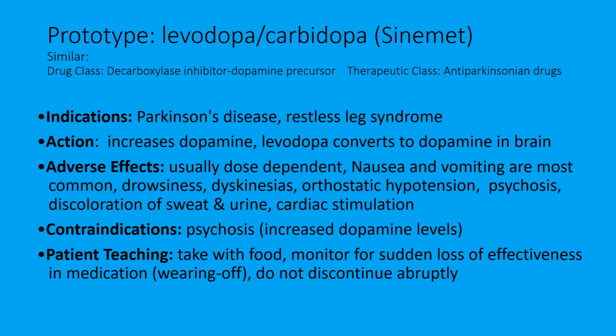Levodopa by itself would break down very quickly if it wasn't for adding the carbidopa. Okay, so carbidopa has no effect in the brain. It's to stop the breakdown of the levodopa.